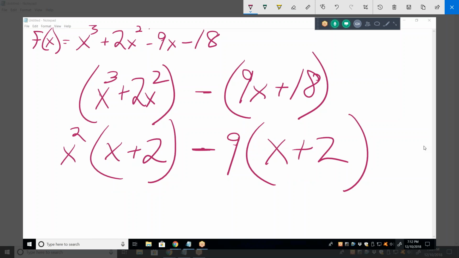Now, the next step is an unusual step if you've never done it before. You're used to factoring out single terms. When I asked you about greatest common factor, you factored out an x squared. That's a single term. When you factored over here on the right, you factored out a 9. That's a single term. But now, what can we factor out of this whole expression?